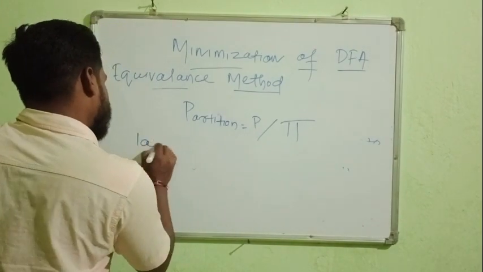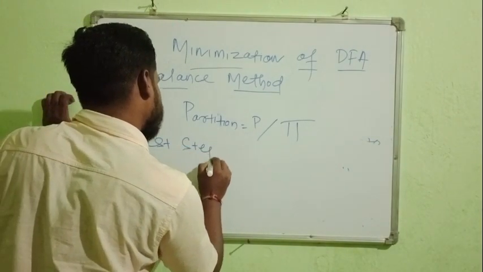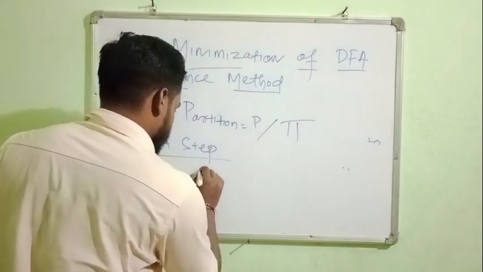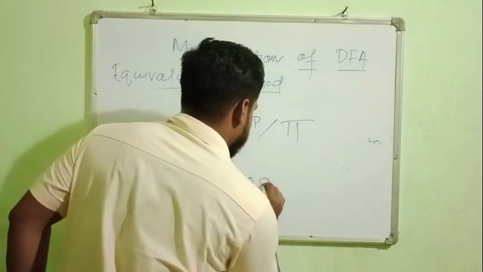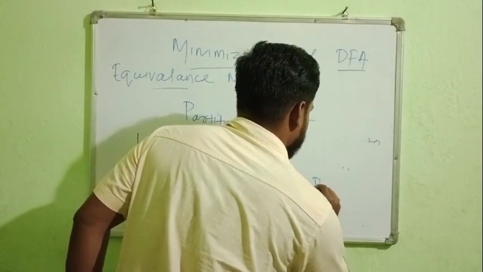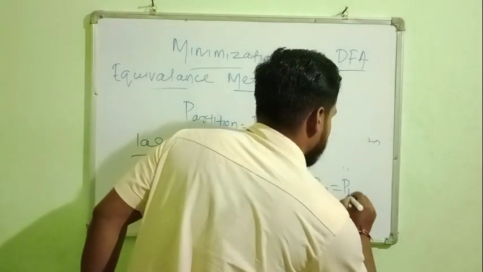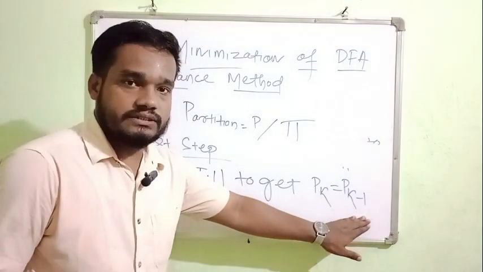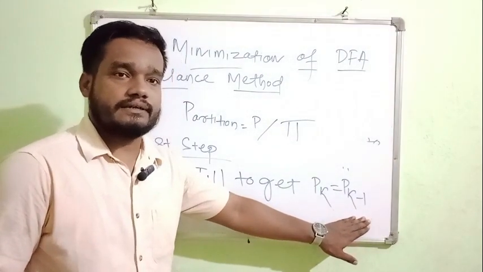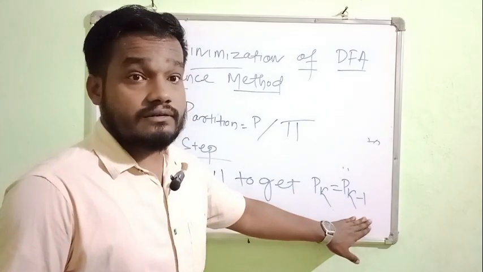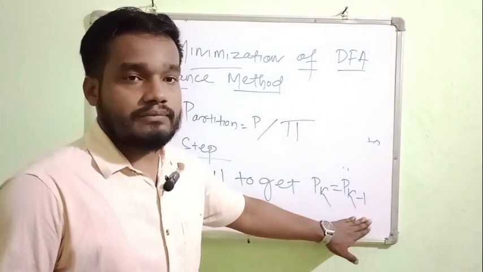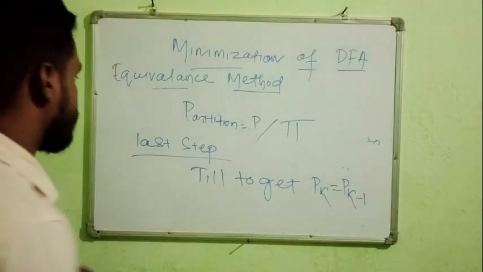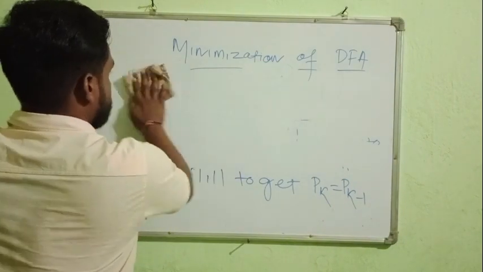The last step is we will do the partition until we get Pk equal to Pk minus 1. When we get this equation from the solution, we will stop here, and the minimization of DFA is completed properly. So let me explain the example of it.